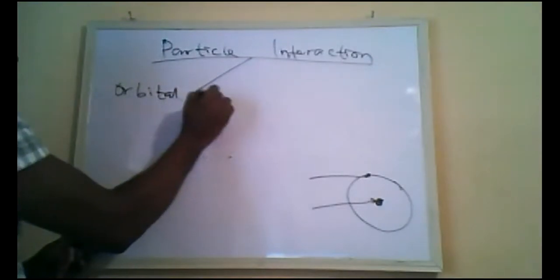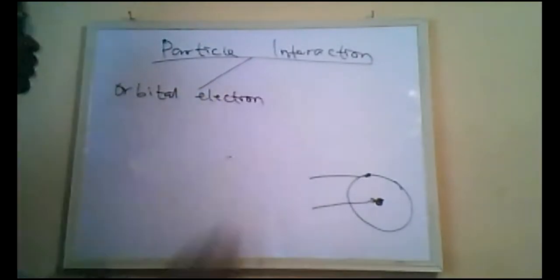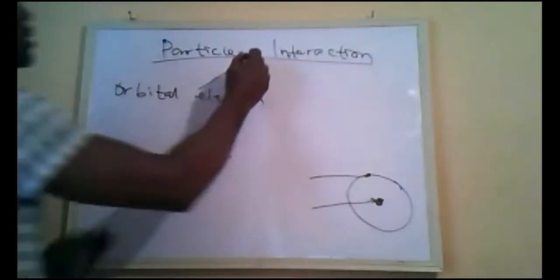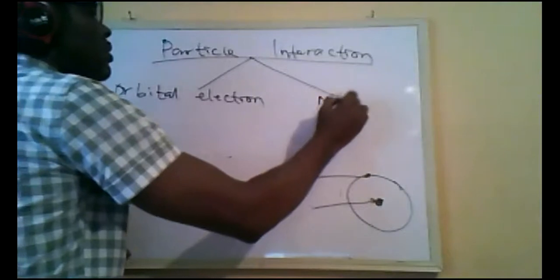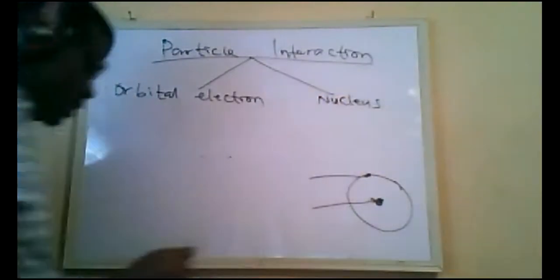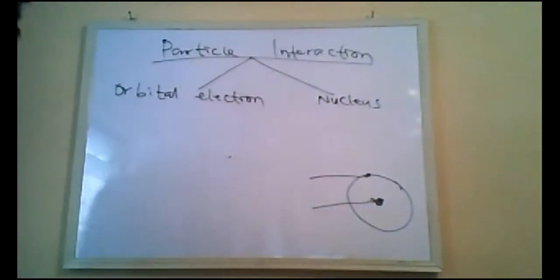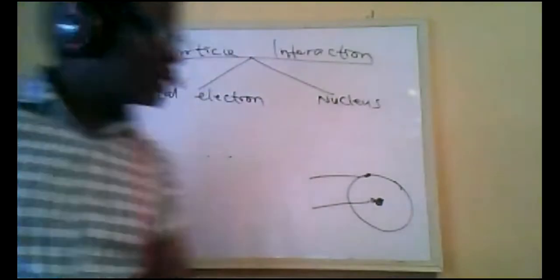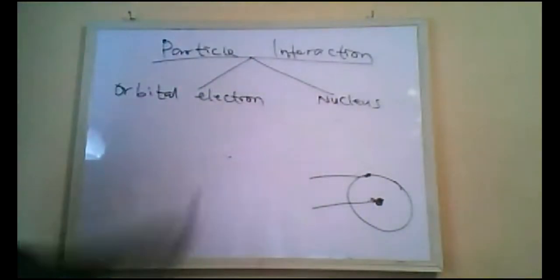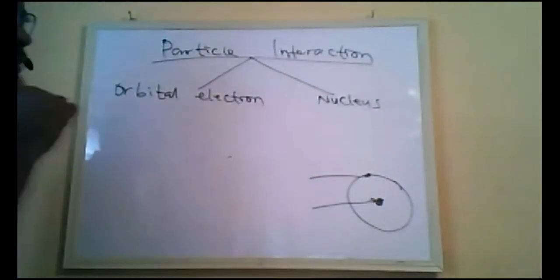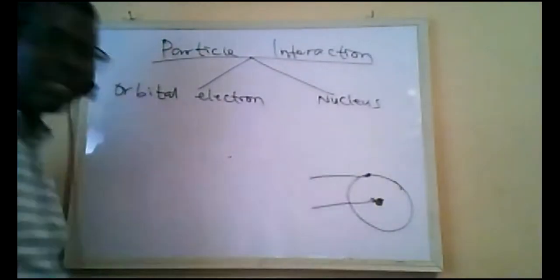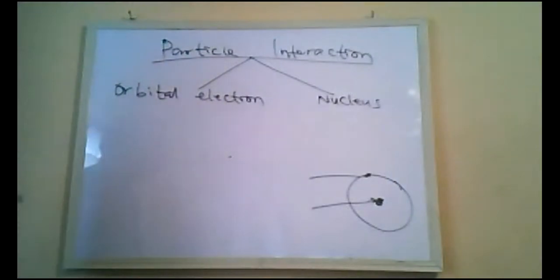Orbital electron interaction is again going to give rise to some things, or it's going to be happening inside the nucleus. When the particle that is traveling towards the atom escapes and doesn't interact with the electron, of course, we can have that.